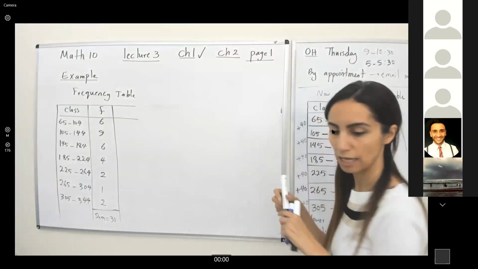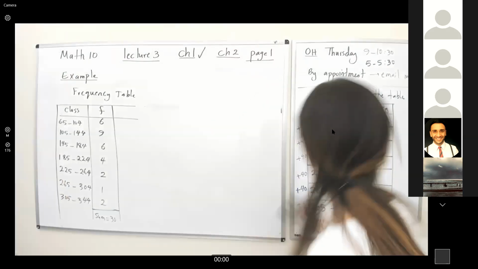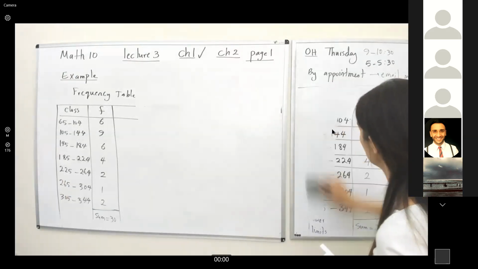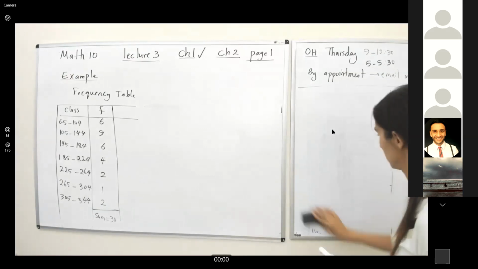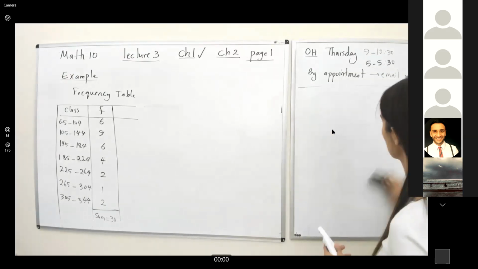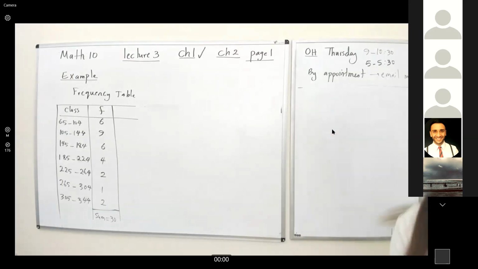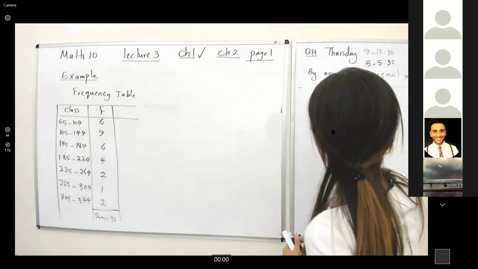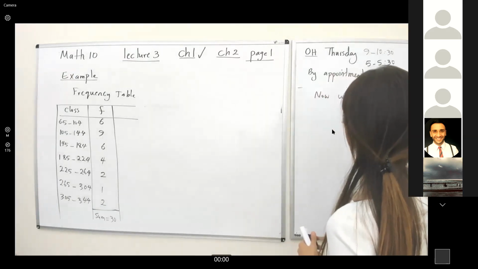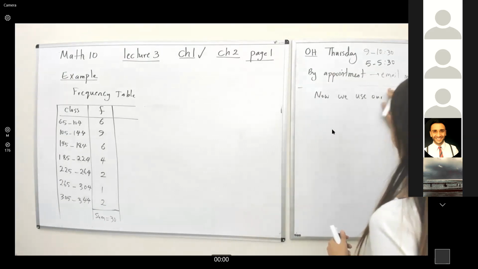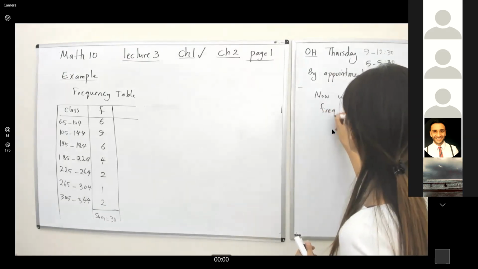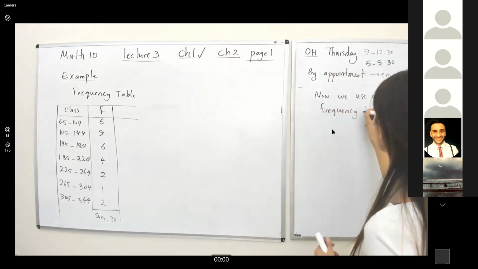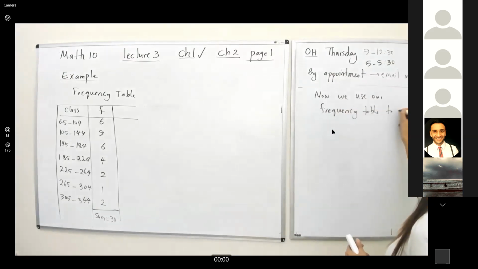Now we use our frequency table to graph a histogram.